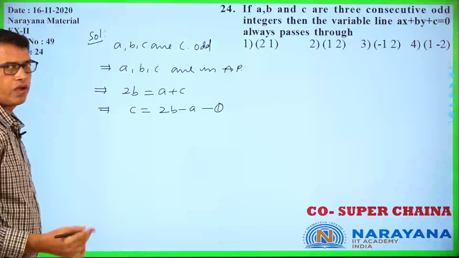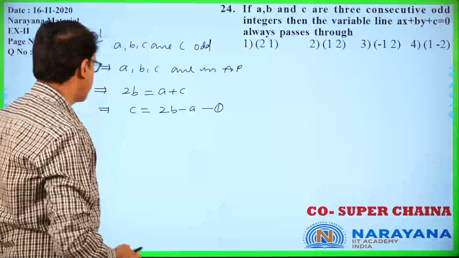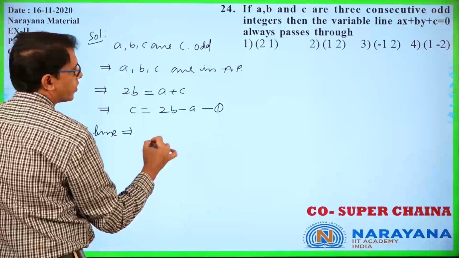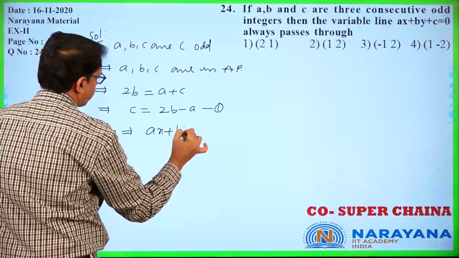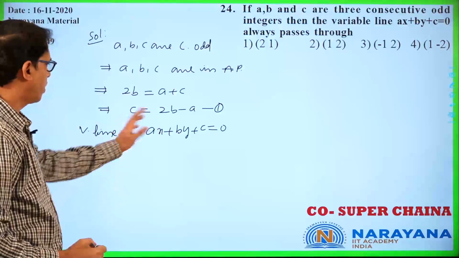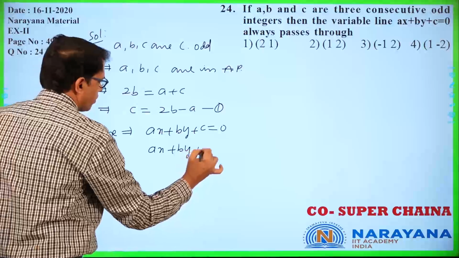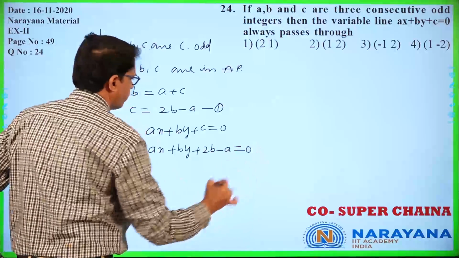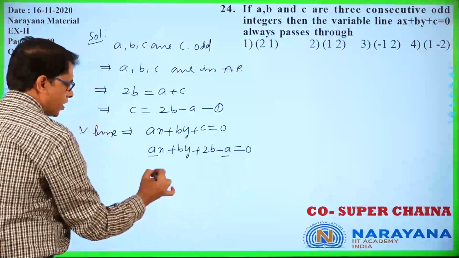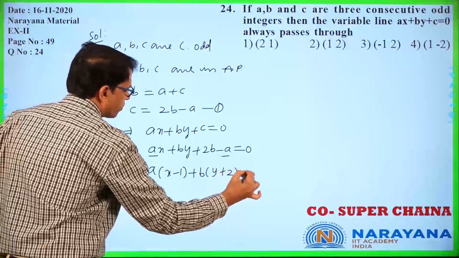That's it. Now here, this is a variable line. So variable line implies ax plus by plus c equal to 0. Replace the c value: ax plus by plus 2b minus a equals to 0. So here I can take a common. If you take a common, x minus 1, then b common, y plus 2 equal to 0.